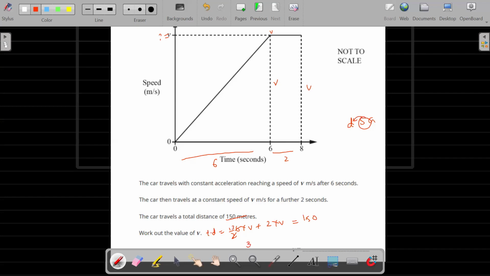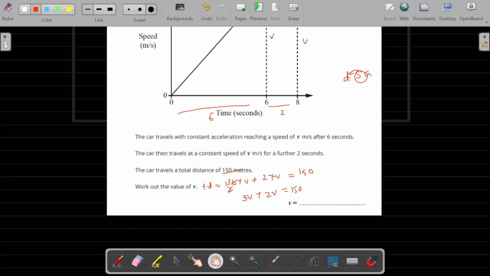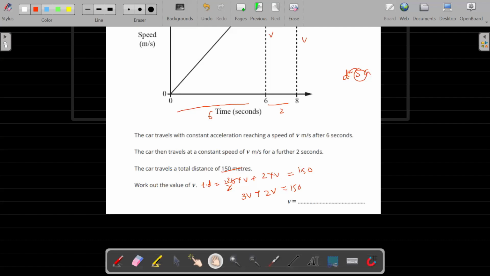So it is 3v plus 2v equals 150. So it makes 5v. Separating v, v will be 150 over 5, so it is 30 meters per second. Is it clear, Fatma? Yes, miss.